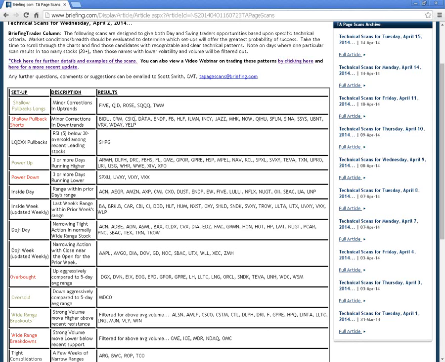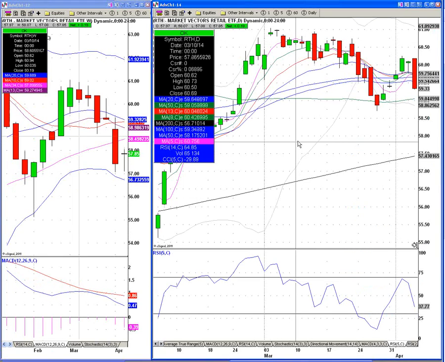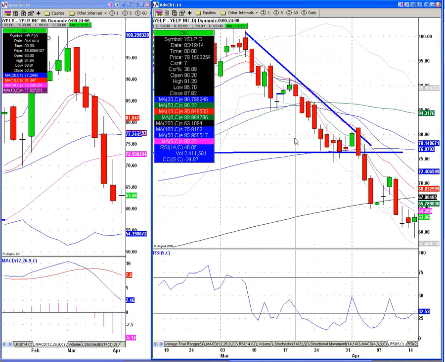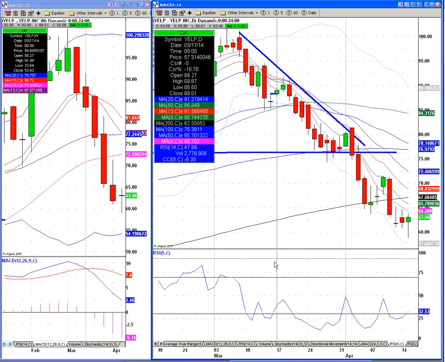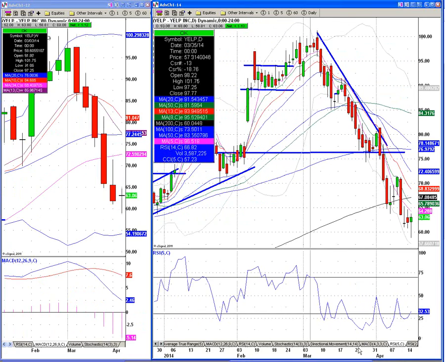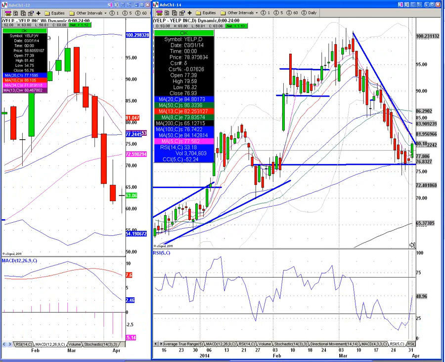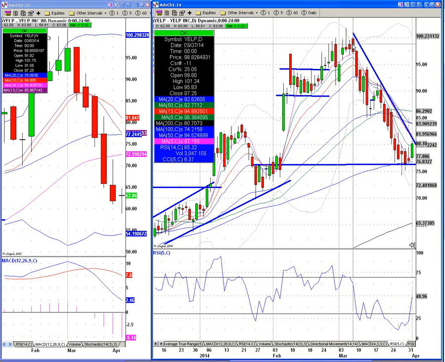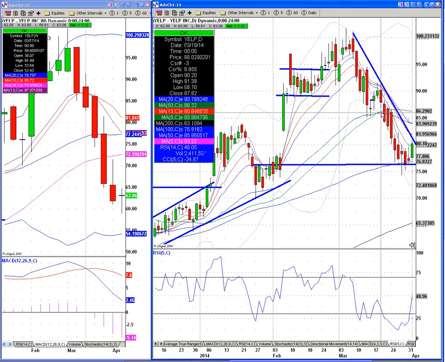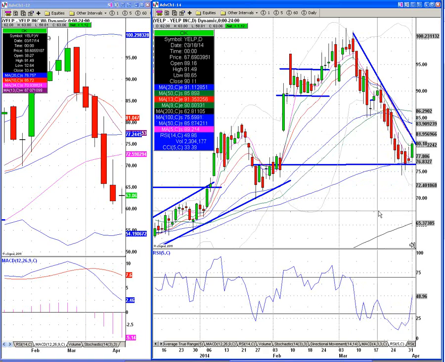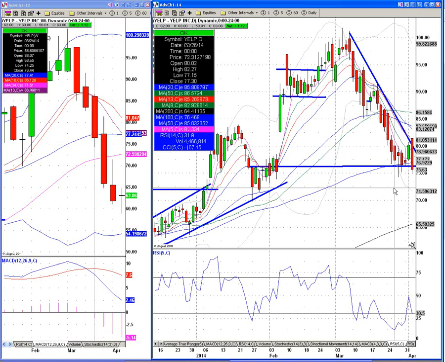And if I was to pull up any of these charts, let's just look at, I think I actually took some of these in the trading service. Yelp is a good example. So back here, that was for the scans going into April 2nd. Just a strong downtrend, stocks trading below the 20 moving average and the 50-day moving average, and you could see it was set up as a potential bear flag pattern, and it gapped up and reversed, an outside day.